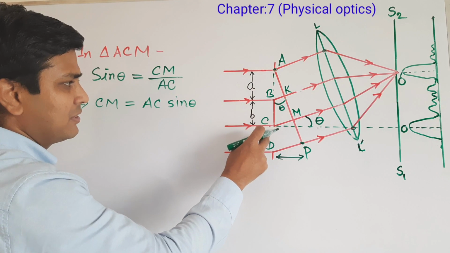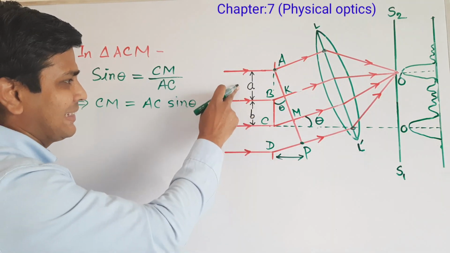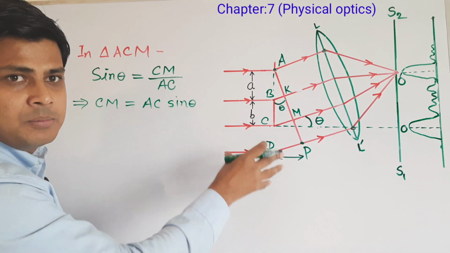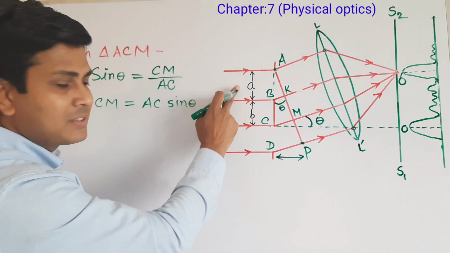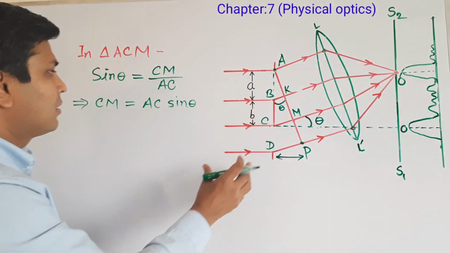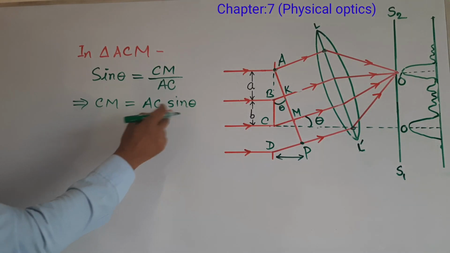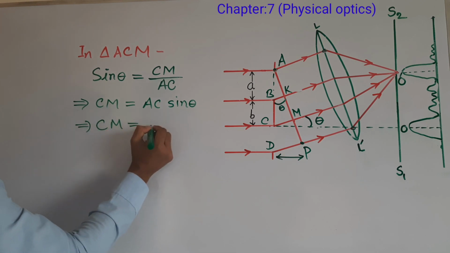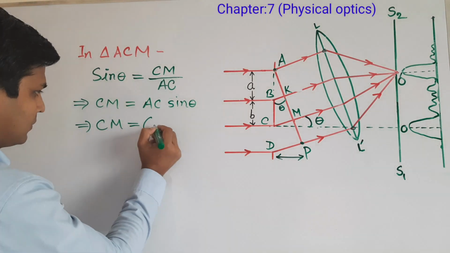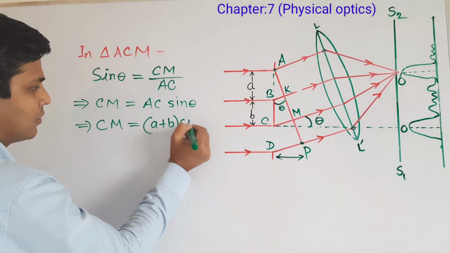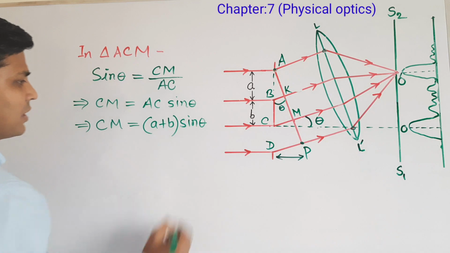This is point A, this is point C, and the distance AC is A plus B, because if we add the width of the slit and the width of the line, then we can calculate the distance AC. So, instead of AC, we can write here A plus B sine theta.